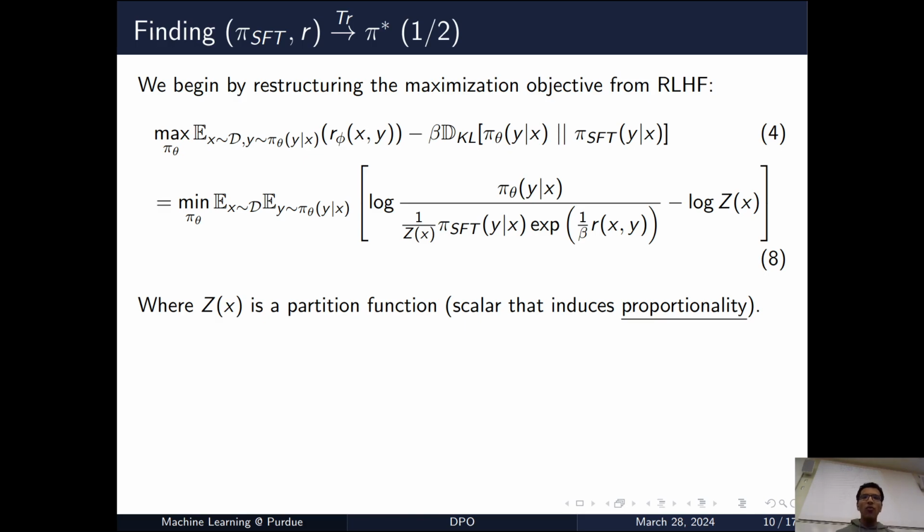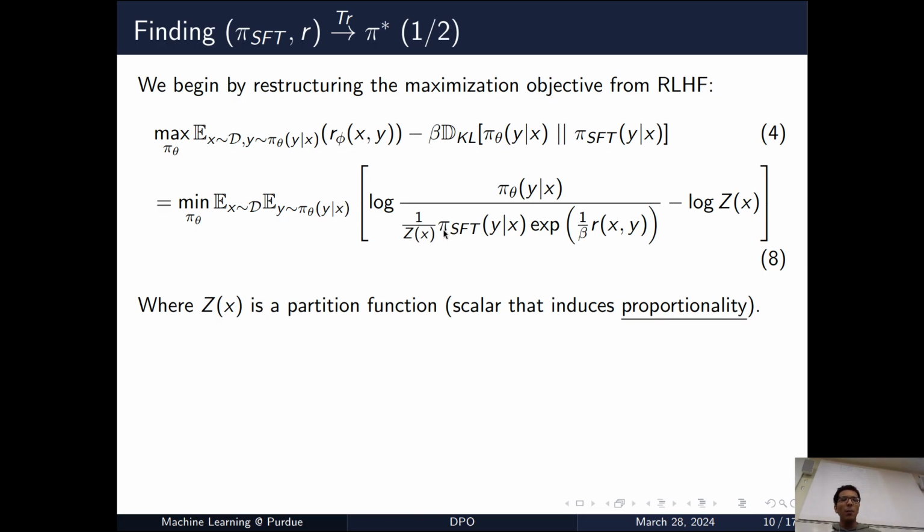So now finding that transformation, we start by restructuring the maximization objective that we saw previously with RLHF. We have the original reward, we have the KL divergence over here, and now we are minimizing the same expectation over the log of pi sub theta y given x over 1 over Z of x, which is a partition function, effectively our normalization term that converts a series of real values into a probability distribution.